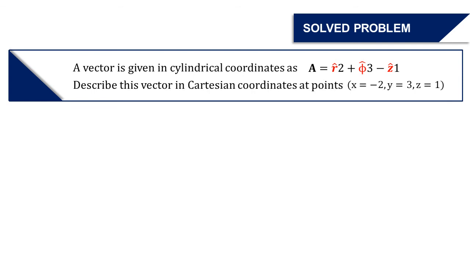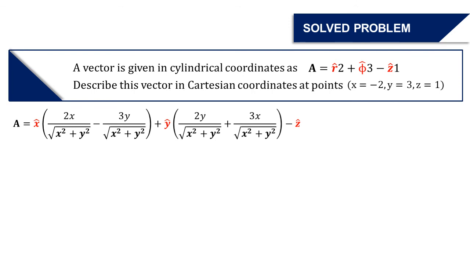Now, as a supplement to the problem, we are now asked to describe yung vector in Cartesian coordinates kanina using points negative 2, 3, and 1. So, paano natin ginagawa yan? Sinasubstitute lang natin yung points na yan kung saan kailangan i-describe yung ating vector para makita kung ano yung specific vector function.